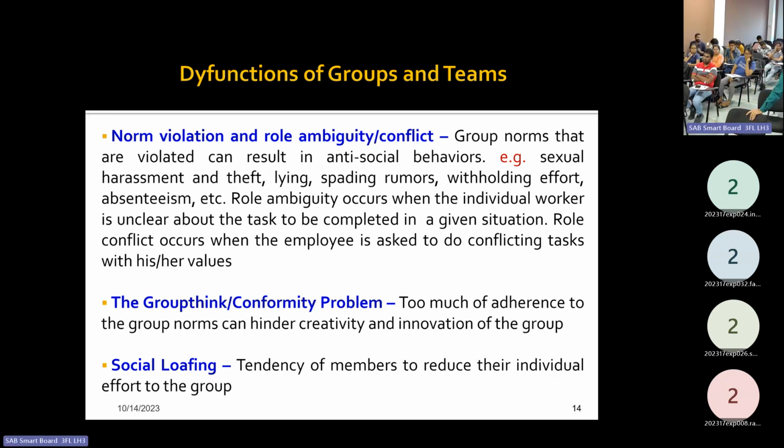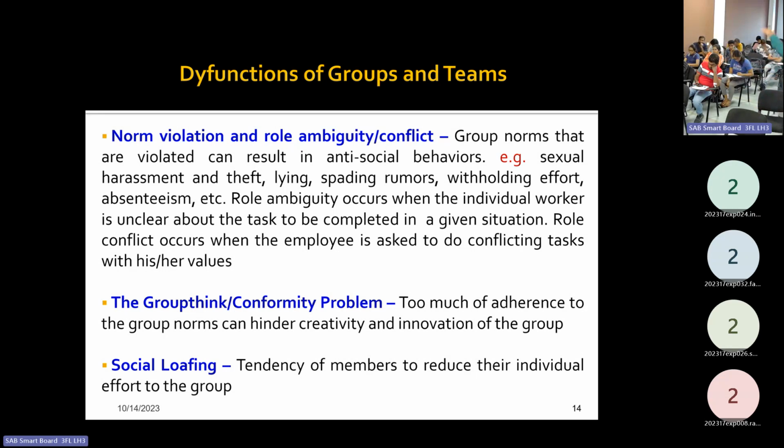That is, human beings are not capable of performing different tasks in a given time. Right. Because of that, they face high work stress and dissatisfaction. That's the idea behind role conflict. Right. Therefore, norm violation, role ambiguity, and role conflict are three limitations prevailing in groups and teams.